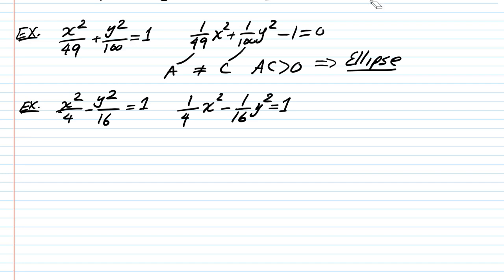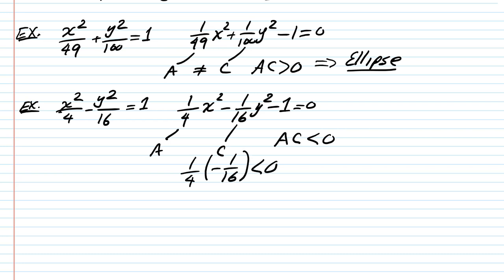You can subtract 1, make it equal to 0, so it's in standard form. Again, here's A, here's C. The product of AC this time is going to be negative, right? It's 1/4 times negative 1/16, whatever that is, negative. So that means this will be a hyperbola. See how quickly we can determine that.